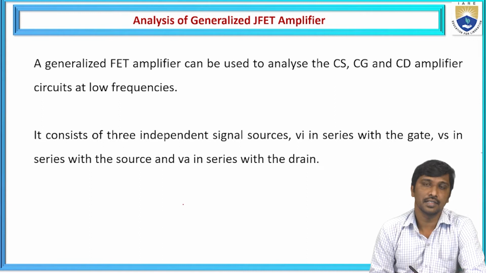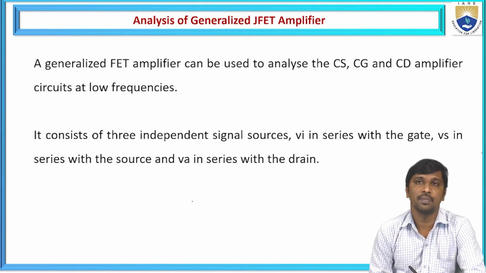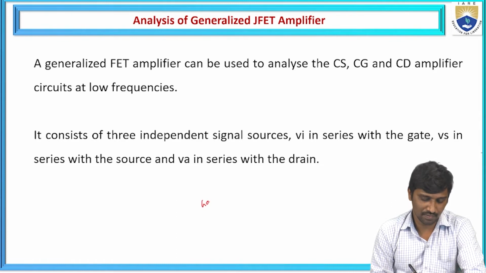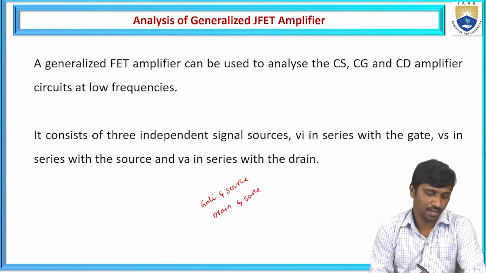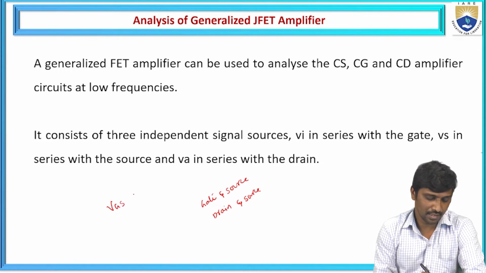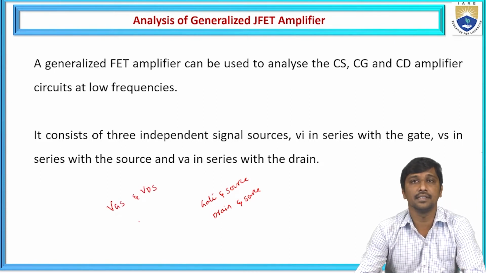Based on the construction of the FET, we need to apply a biasing voltage between the gate and the source, along with the drain and the source. Those are represented as VGS and VDS.